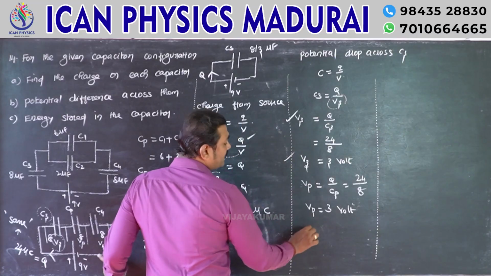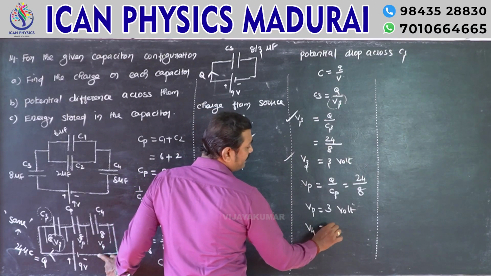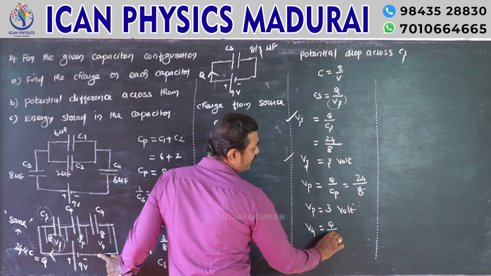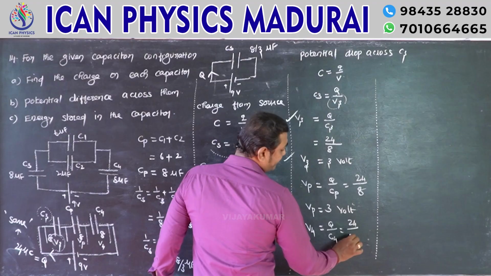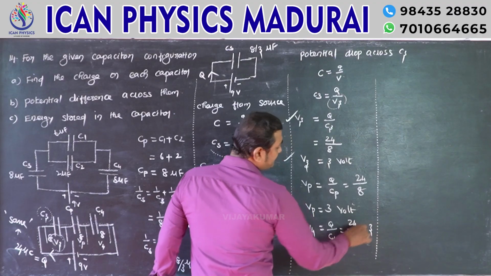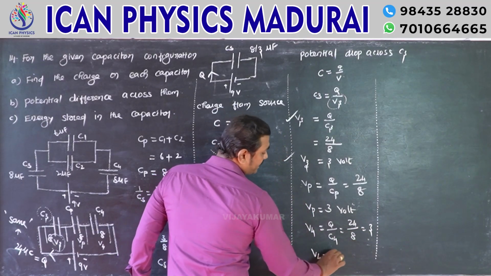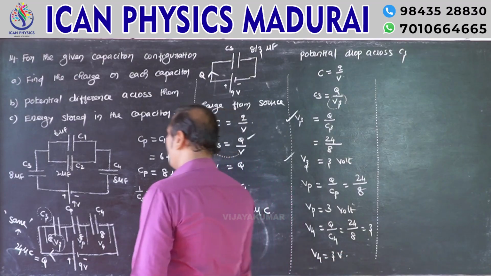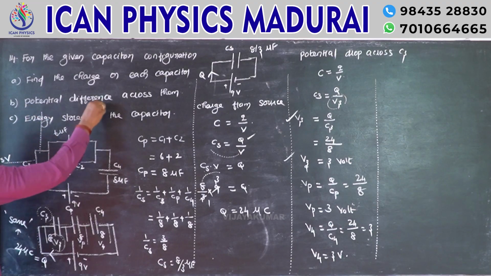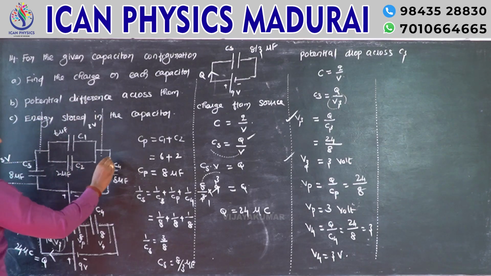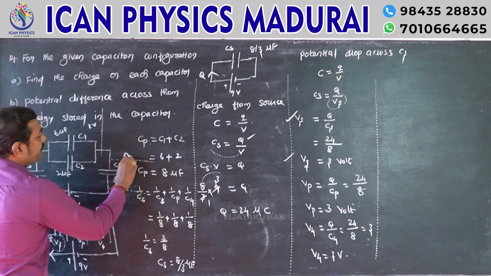V4 equals Q by C4. Q is 24 divided by 8, which is 3. So V4 equals 3 volt. So the potential drop across each is 3 volt.